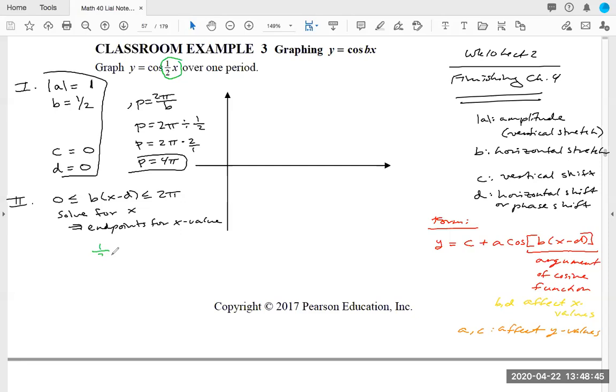So 1/2 x is going to go between 0 and 2 pi. And then we're going to solve for x. So think, if I have a 1/2 in here, how do I get rid of that connected to the x? I'd multiply it by 2. So I'm going to multiply everywhere by 2.